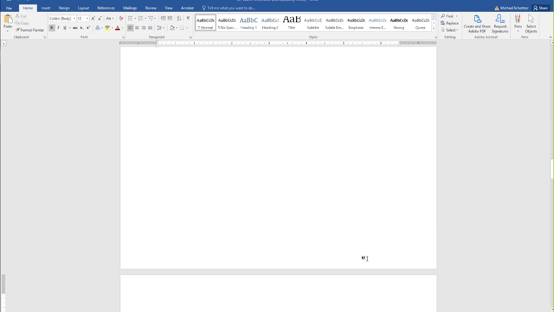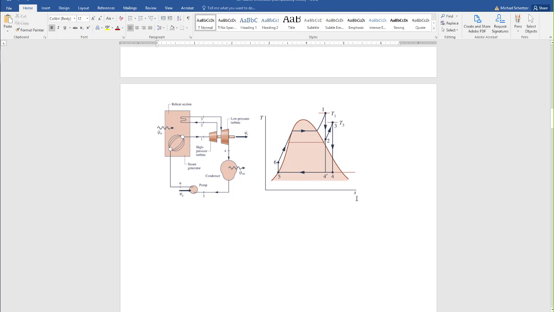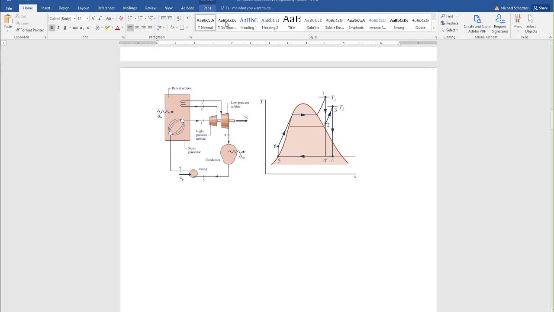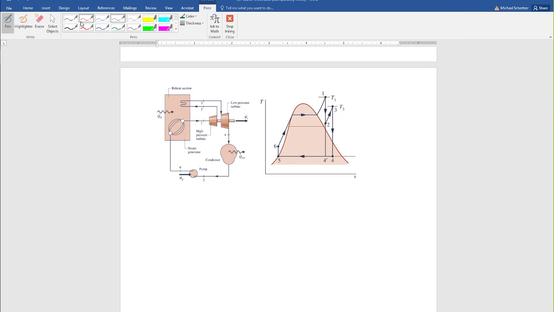Okay, so now what the problem actually asked us. I just did this to show you because you might have to draw a TS diagram on the exam. So now the problem asks, what's the thermal efficiency? For the thermal efficiency, we know that this is going to be W dot net divided by Q dot in.